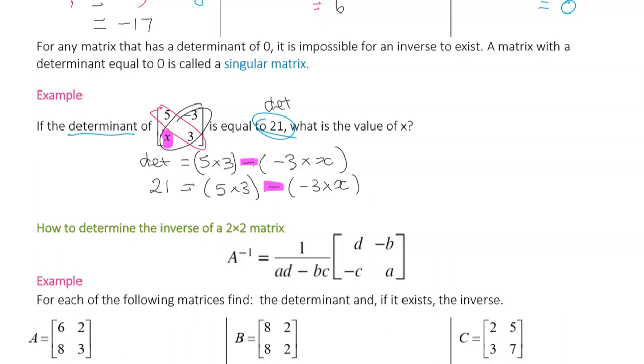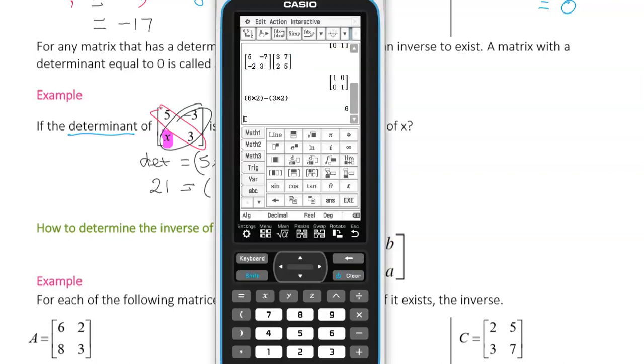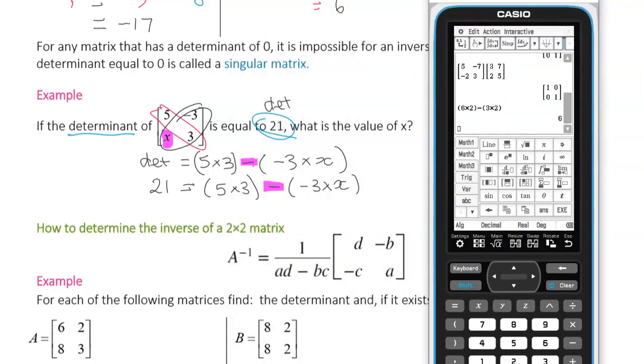And I've just picked up my actual calculator, which you of course can't see. So let's whip out my electronic CAS. And I'm going to enter that in. 5 times 3, take away negative 3 multiplied by x, and that is equal to 21.